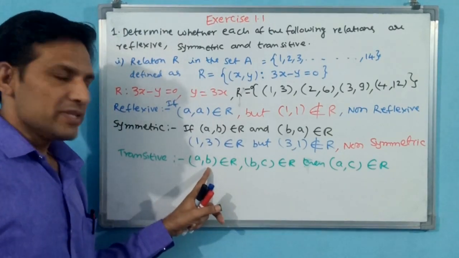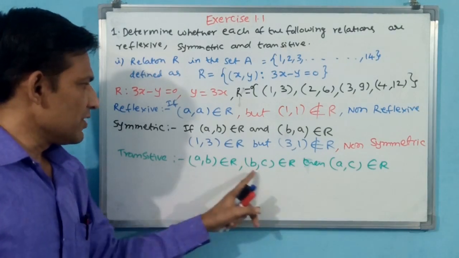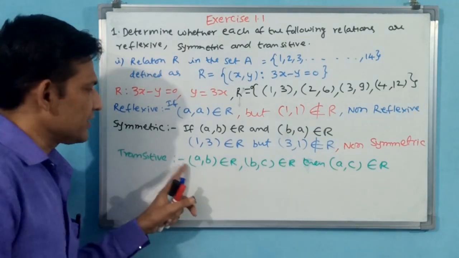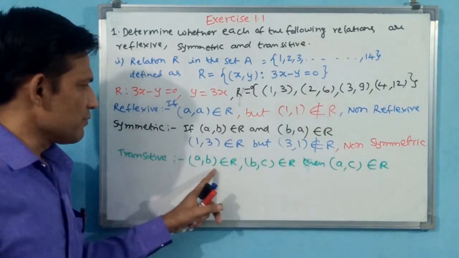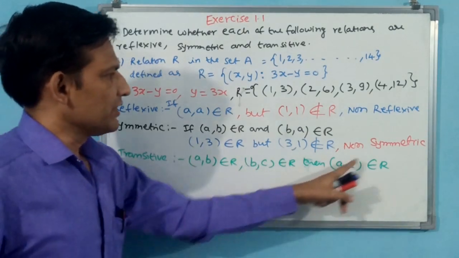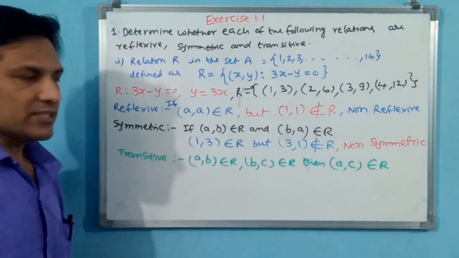A to B should be there, B to C should be there, and this B should come here. It is a continuous chain reaction: A to B, 1 to 2, 2 to 1, then 1 to 1, like that. A to B, B to C, A to C. If this is available, then that is called a transitive relation.